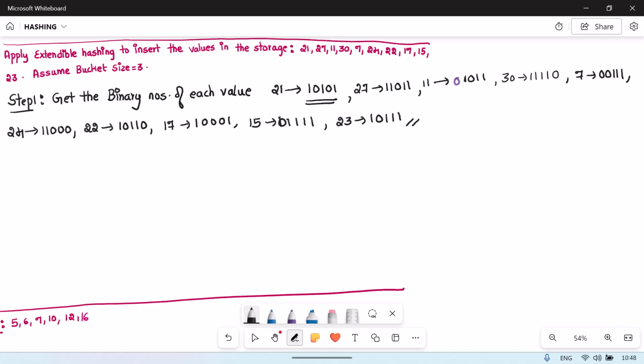Okay. Next is step 2. Here we will introduce the concept of local depth, global depth, directory, and bucket. So first, draw a directory. Okay, this is the directory.